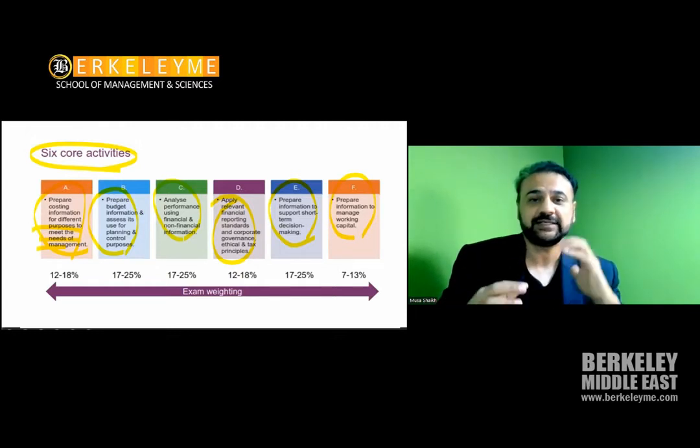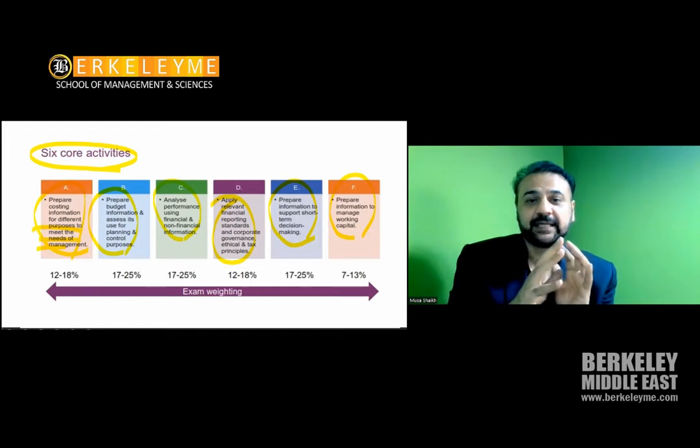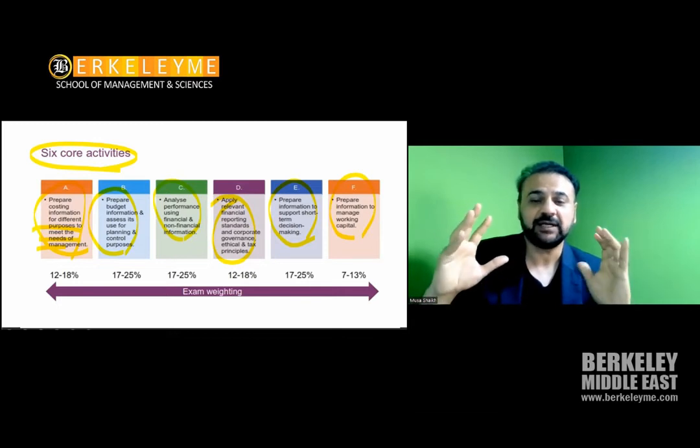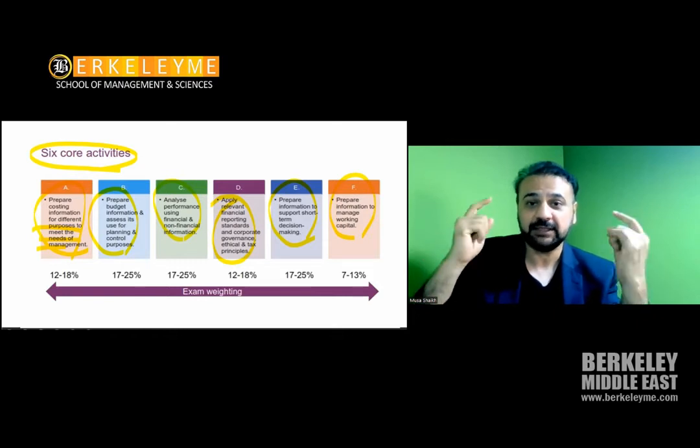So how to increase your current assets, how to decrease your current liabilities, how to arrange funds when you are in a deficit. This is a very important management-level skill that we want to impart in your knowledge.